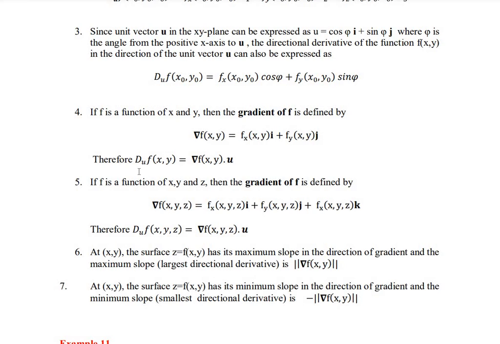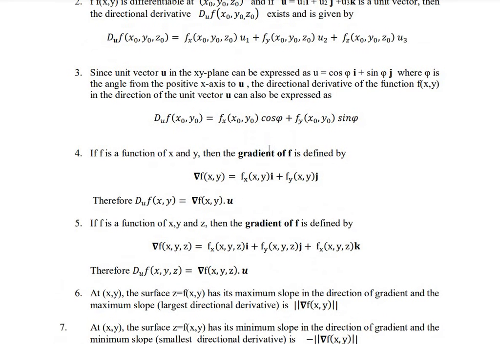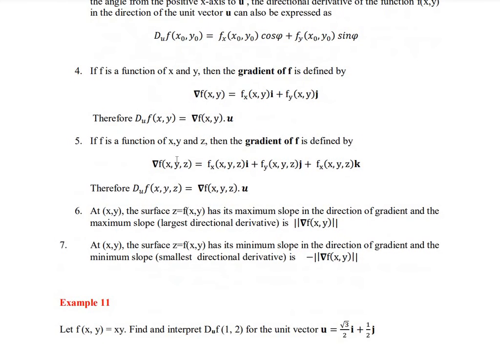Therefore the directional derivative of f of x y can be written as del f of x y dot the unit vector u, where u equal to u1 i cap plus u2 j cap. So you will get the directional derivative.